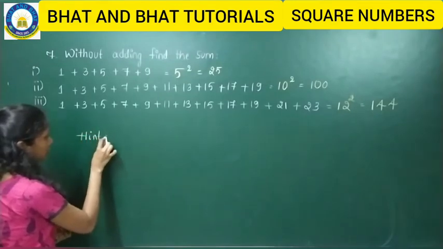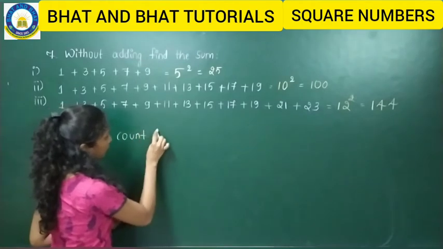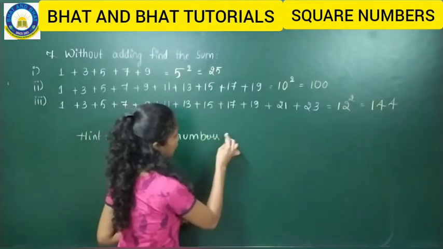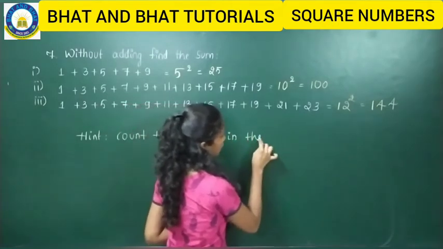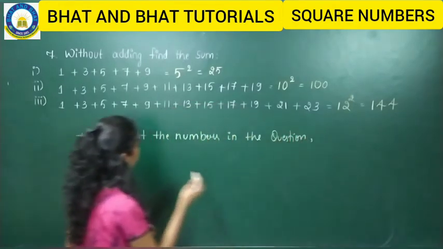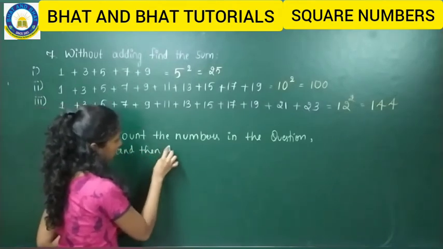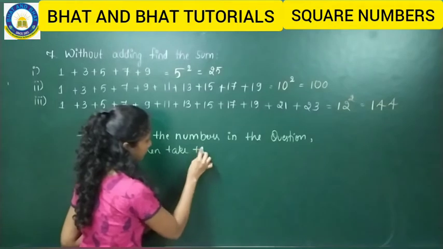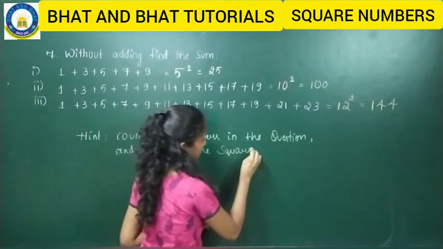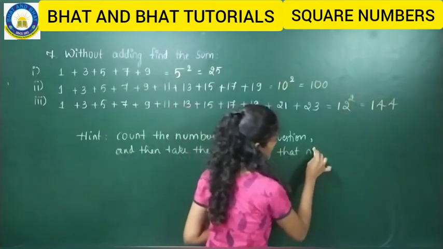I'll write the hint here so that it will be helpful for you. Hint: count the numbers in the question, and then take the square of that number.